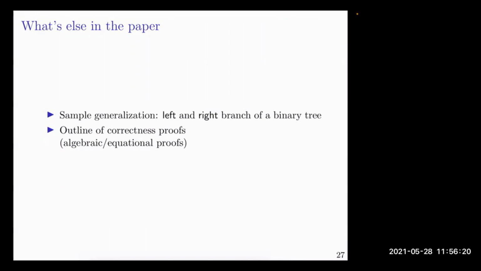In the paper, there is also a generalization and an illustration of how it works for trees, not only for Church numerals, and there are also outlines of their correctness proofs. The proofs, of course, you can prove by induction, but that isn't that nice. So the proofs that I outlined are all algebraic equation proofs. There are some lemmas which need to be proven either by induction or maybe categorically, but the rest of the proofs are purely algebraic.